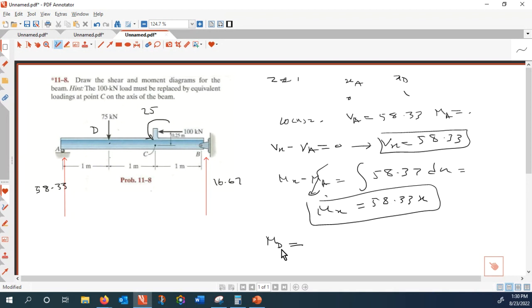Just plugging x equal to 1, that gives me M of D, right? But then the unit is kilonewton meter. So at this stage, we can plot both V of x and M of x for the first zone, right?